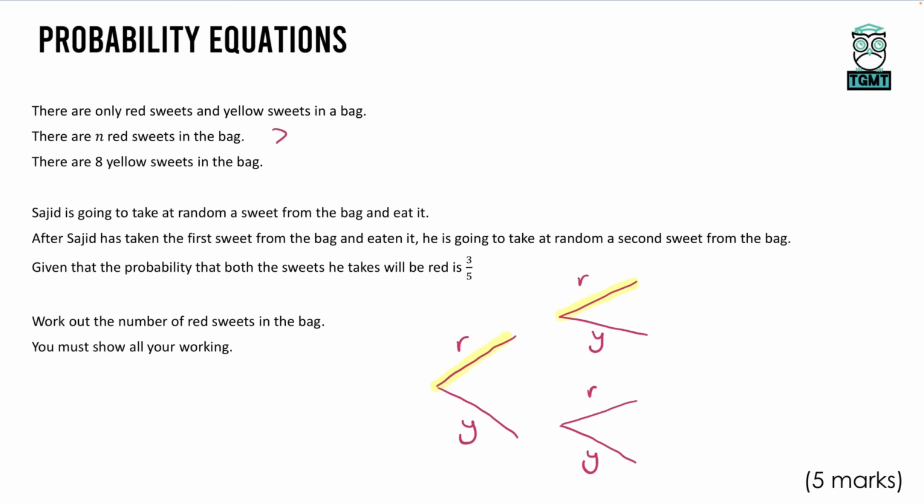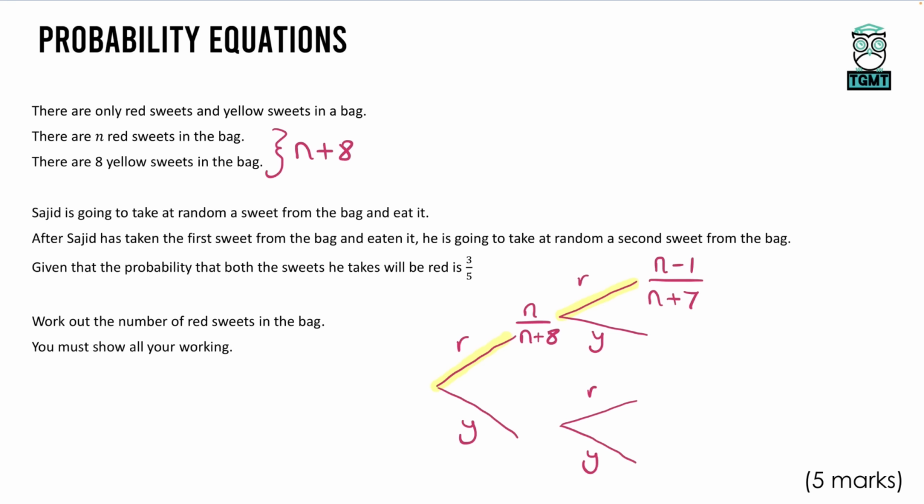So if we have n red sweets and 8 yellow sweets in total, that is n plus 8. So our probabilities to start with will be out of n plus 8. So here we have red being n, so it's n out of n plus 8. If one of those red sweets is taken, then the numerator will go to n minus 1, and the denominator will go to n plus 7, as we've taken away 1 from the denominator as well as the numerator.